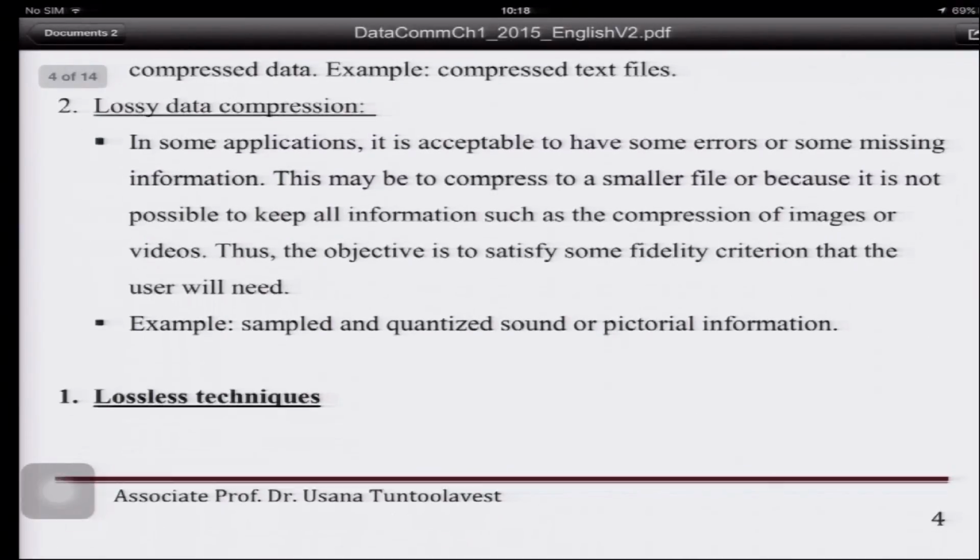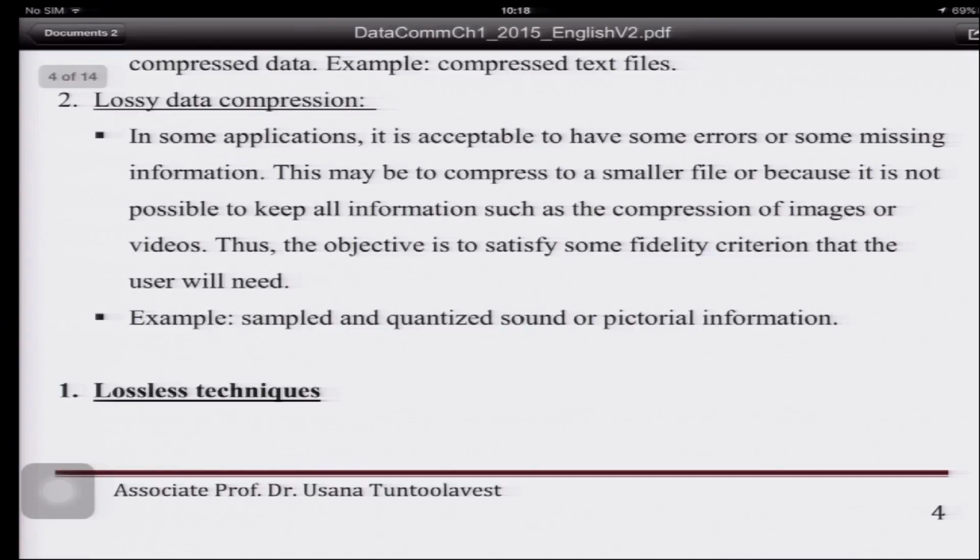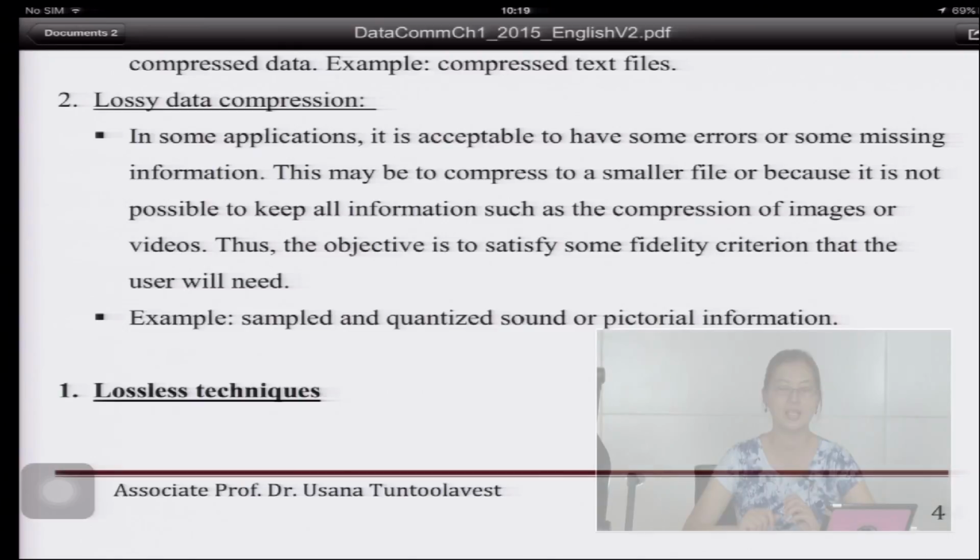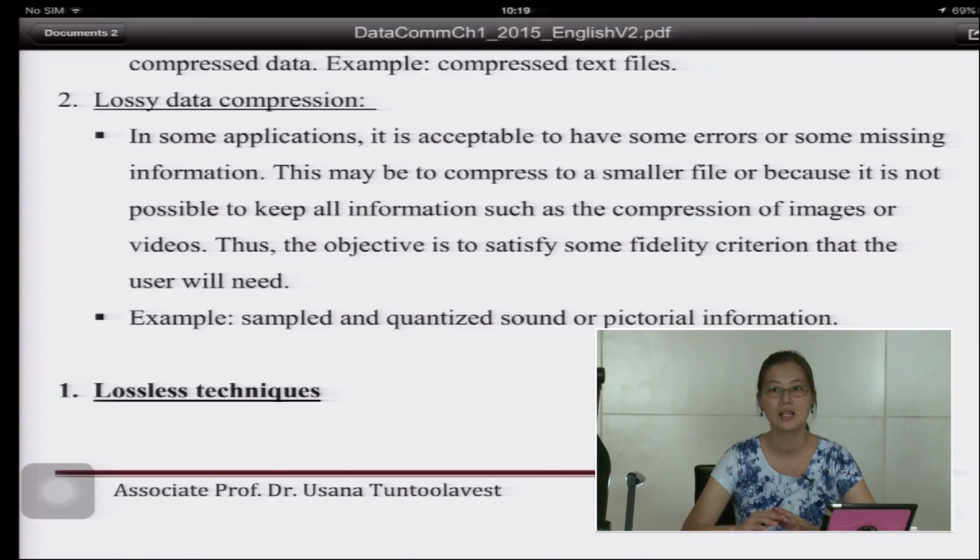Now for lossy data compression. In some applications, you cannot do lossless data compression, and sometimes it's not worth it to do lossless data compression. So you may select the lossy data compression option instead. For example, if it's an image, it's okay to lose some information. It doesn't have to be exactly as what we see in real life.